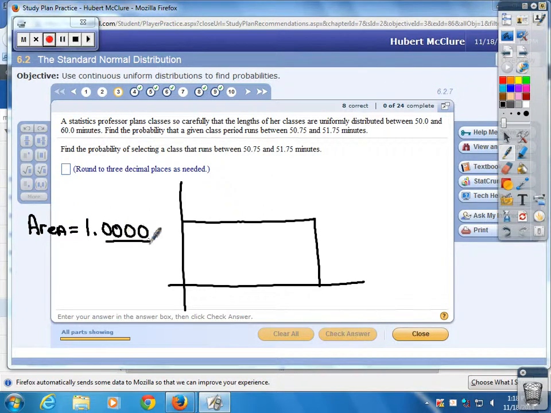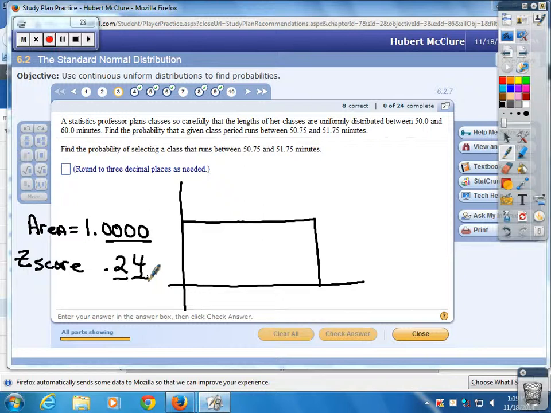Now the reason I go to 4 decimal places when I talk about area is because whenever you see 4 decimal places in this chapter, that's area. 2 decimal places is what? Z-score will be like 2 places. So whenever you see 2 decimal places, you know it's a Z-score. Whenever you see 4 decimal places, you know it's an area.